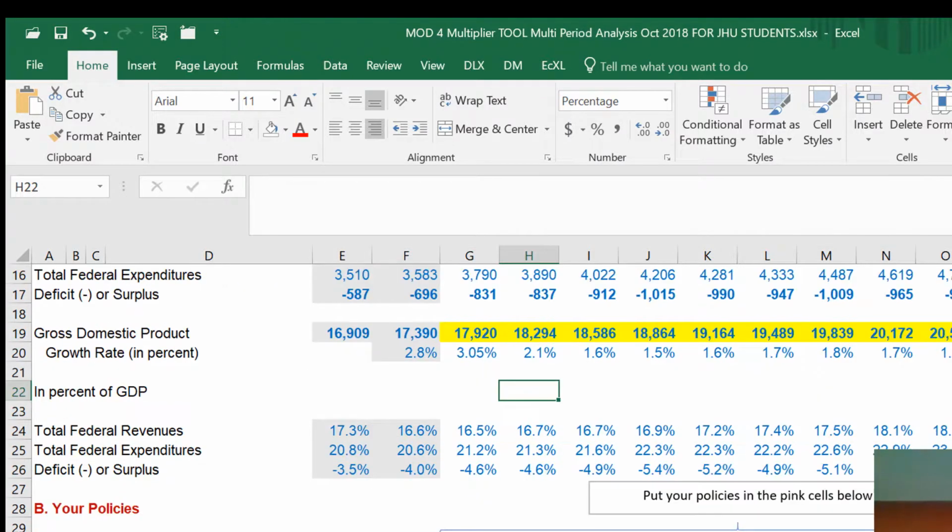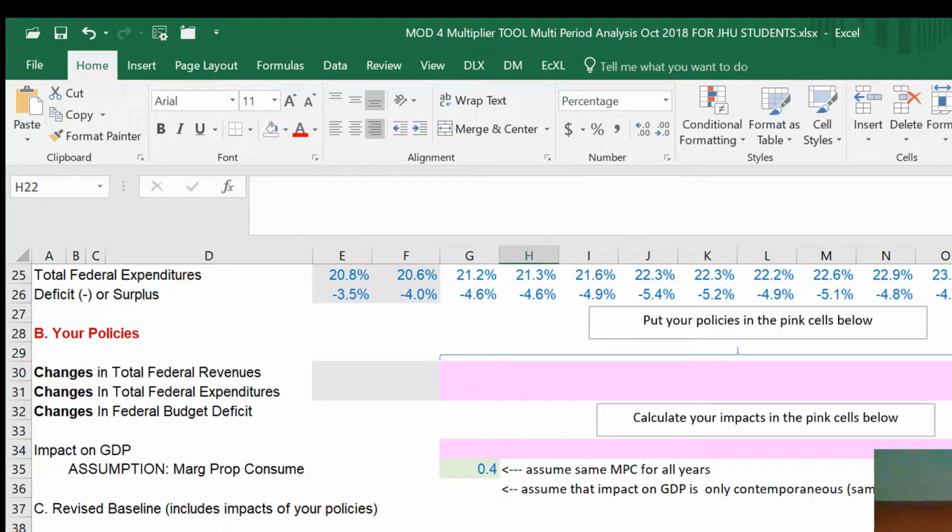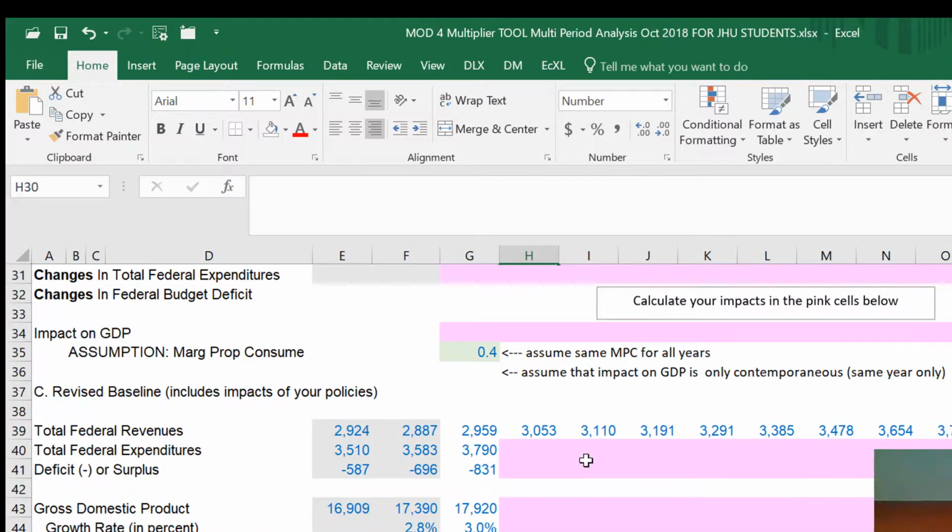And then the idea is that you're going to put your policies in these pink cells, and then you're going to be using this Keynesian multiplier to calculate your impacts on GDP. You're going to be coming up with what they call a revised baseline, or sometimes an adjustment scenario, a revision based on your policies, and then you're going to be discussing that, and we've even provided some graphs on this.